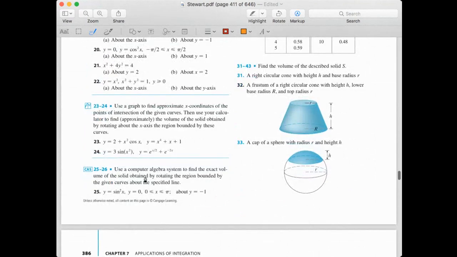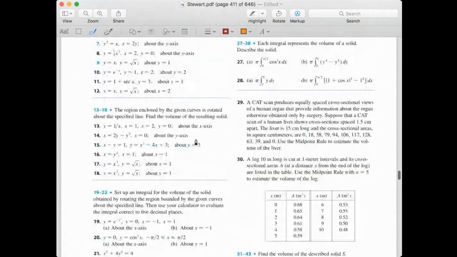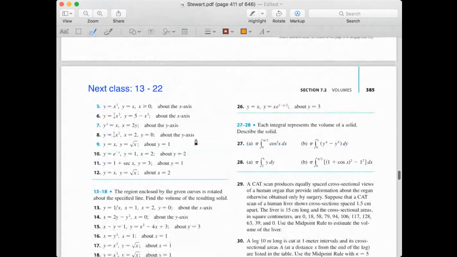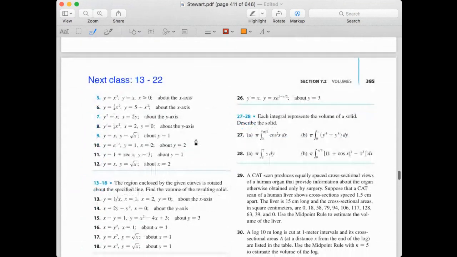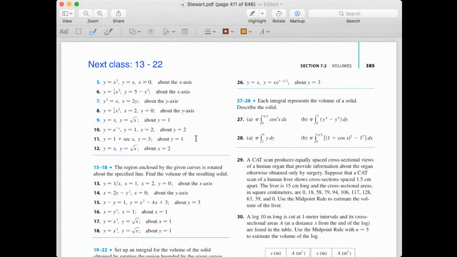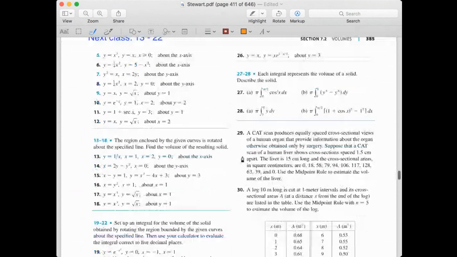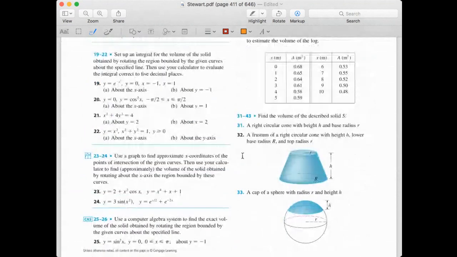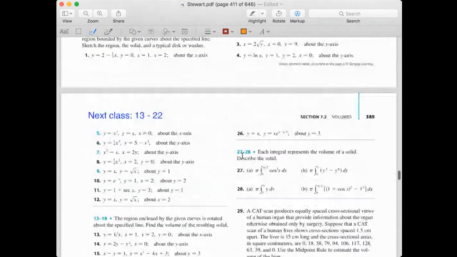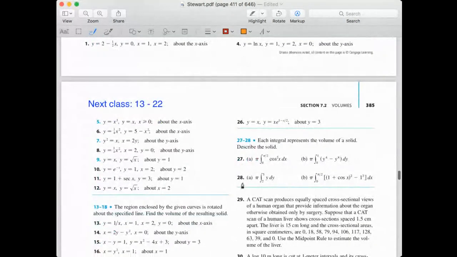So these ones, we need to graph them. 26. Okay. These ones are good too. So 27. All right, I'm going to leave you up to 28.